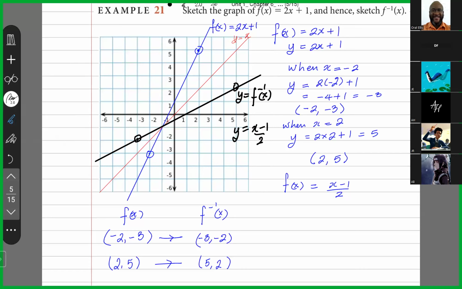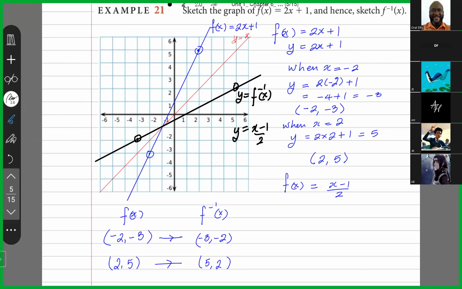So again, in order for you to draw the graph of f inverse of x from the graph of y is equal to f of x, all you have to do is to reflect the graph of y is equal to f of x in the line y is equal to x, and the resulting graph will be f inverse.